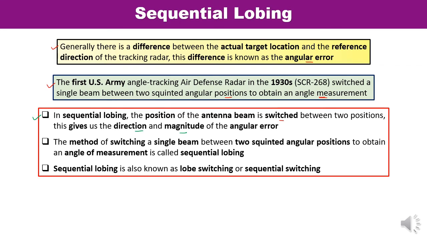There is a method used to switch a single antenna beam between two squinted angular positions so that we can calculate the angle measurement, and this technique of switching a single beam is known as sequential lobing. Sequential lobing is also known as lobe switching or sequential switching. This is how you can define sequential lobing and its alternate names.